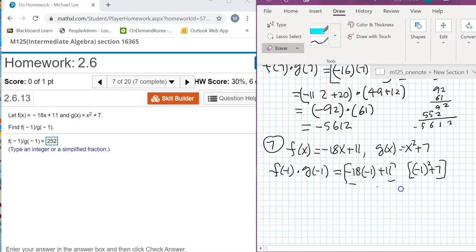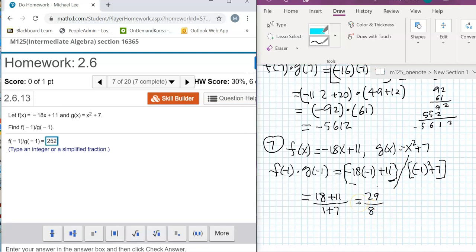So instead of this multiplication, it looks like division. Okay, division. So this is 18 plus 11 over 1 plus 7. So this is 29 over 8, that fraction.